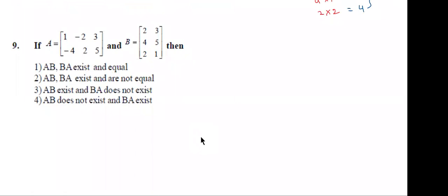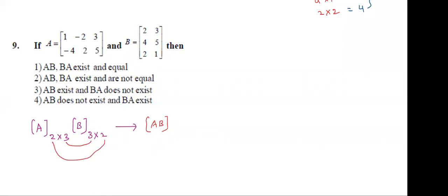See, what is the A matrix order? 2 rows, 3 columns. Then B matrix order, how much? 3 rows, 2 columns. After multiplication, what matrix order are we getting? After multiplication, these two are equal or not? Now we get matrix multiplication as a 2 by 2 matrix.